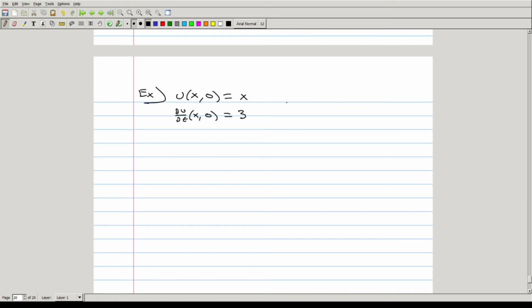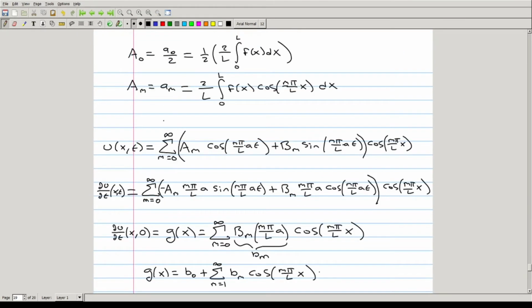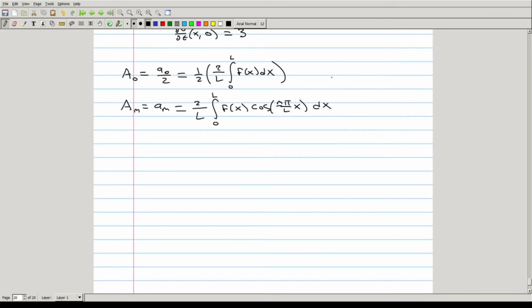This is for x from 0 to L. So using our formulas for AM and BM that we just derived and A naught, we get that A naught will end up being 1 over L times the integral from 0 to L of x dx, which is 1 over L times L squared over 2, or L over 2, once we go through and do the integral.